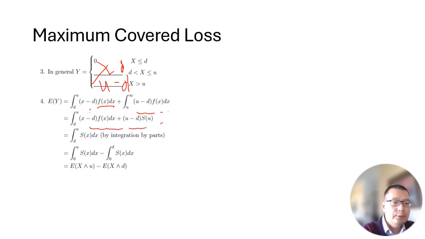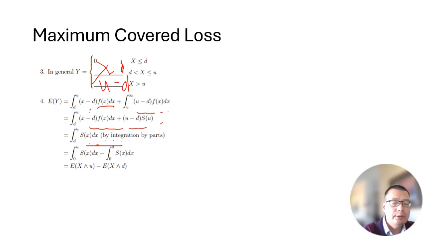Then eventually you will utilize what we learned before. The integral of X minus D with probability density function f(x) you can calculate using integration by parts. By now you should be familiar with how we do the integration in this part.